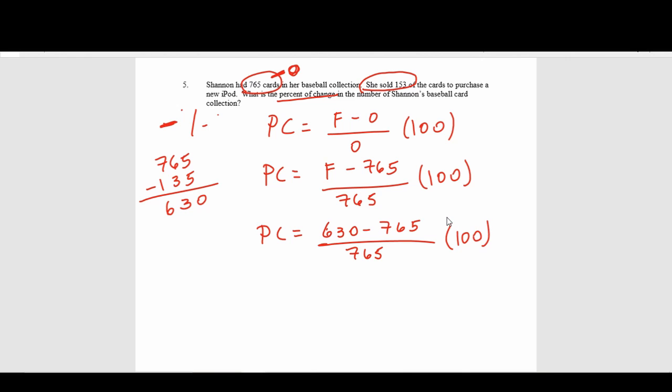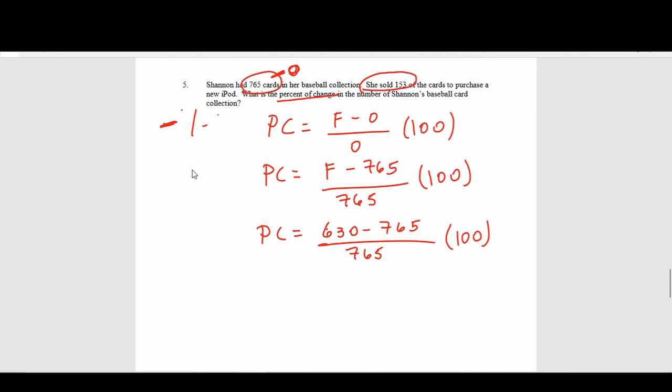Okay? Now what I want to point out by doing this is the amount of 630 is the amount of cards she has after she sells 153 of. Oh, I did 135 there. Let me fix that. It's not going to be 630. Bear with me here.